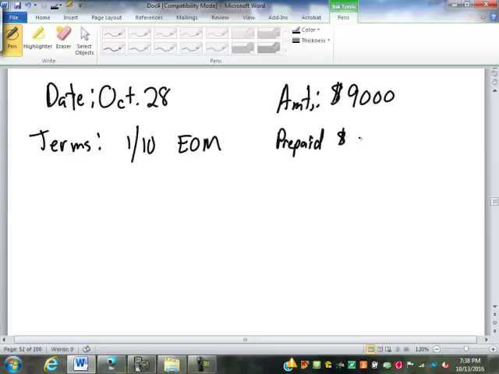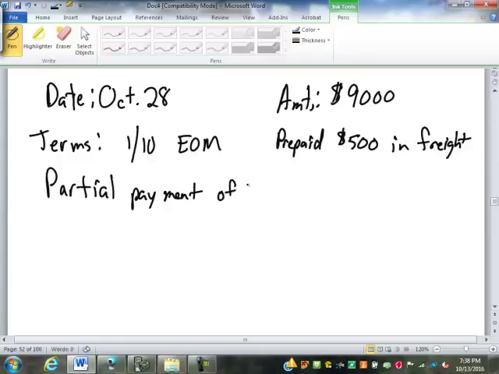Prepaid $500 in freight. Partial payment of $4,000 is made on December 8th. Find the balance.